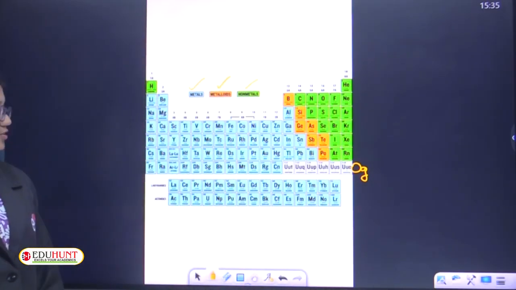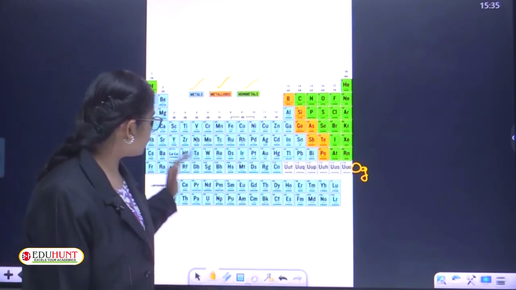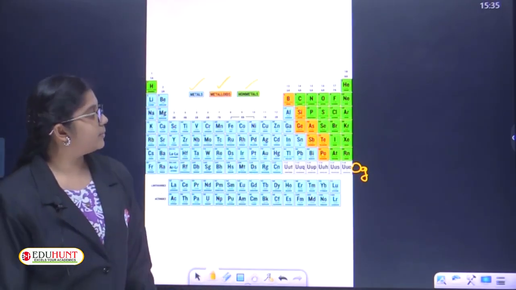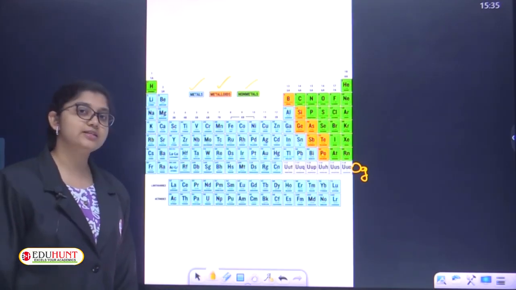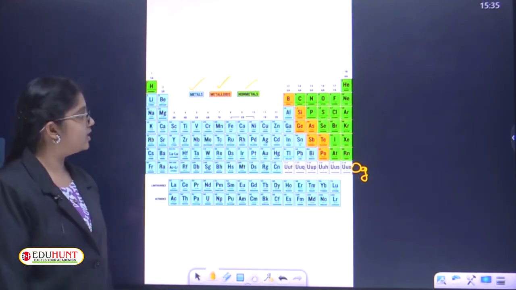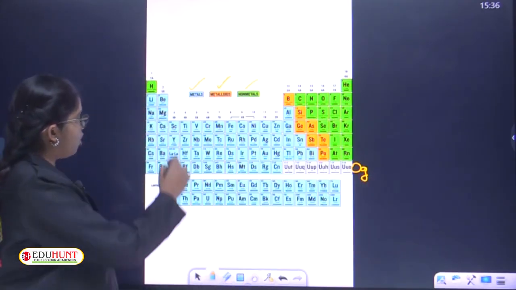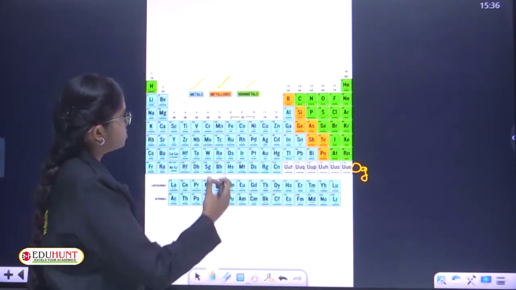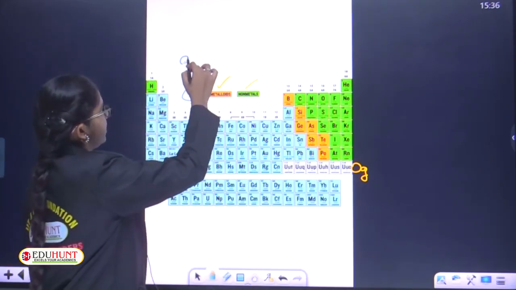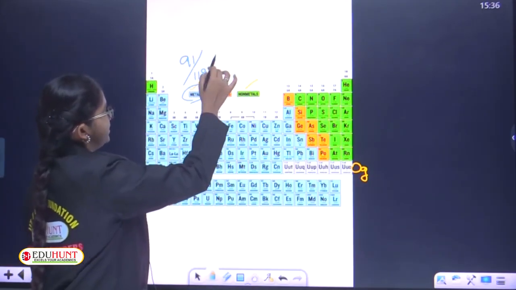Did you remember that, children? In that summary, I'm going to show you this picture of the periodic table classification into metals, non-metals and metalloids. The blue color differentiates the metals. All the blue ones are metals. There are 91 metals out of 118 elements.